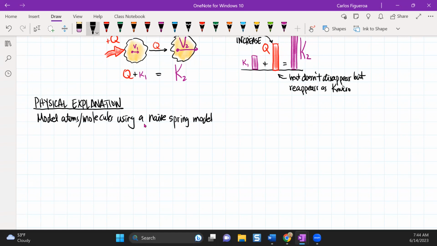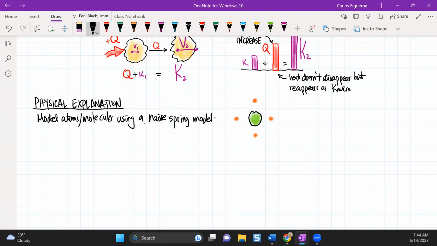So what do I mean by a spring model? Well, I imagine that I have a nucleus, and it has a series of electrons attached to it.